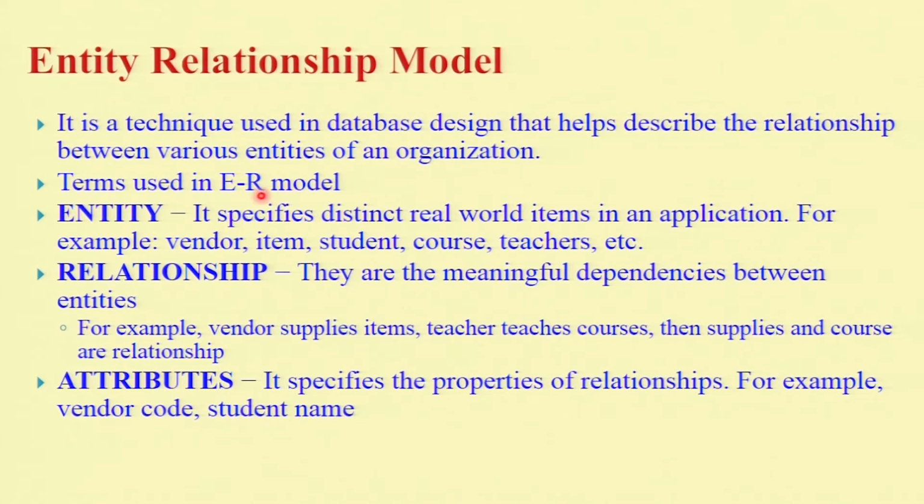Now, what is an entity? Entity specifies distinct real world items in an application. For example, the vendor, item, student, course, teachers and so on are all said to be entities.